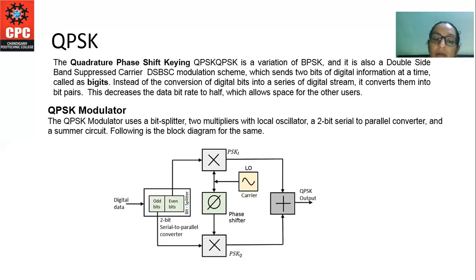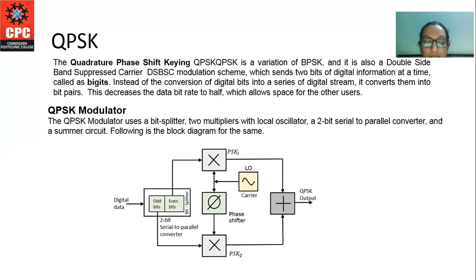With two bits, there are four possible conditions, that is 00, 01, 10, and 11. We already studied this binary in our digital electronics subject, and the resultant QPSK data are combined into groups of two bits called dibits, so that each dibit can generate one of the four possible output phases, that is 45 degrees, 135 degrees, minus 45, and minus 135 degrees.